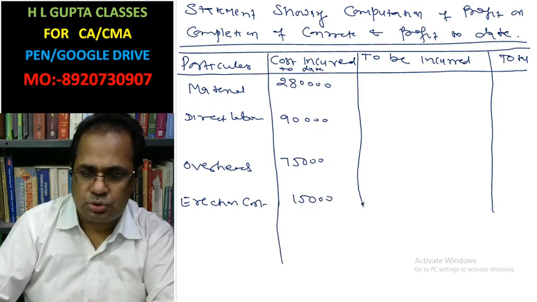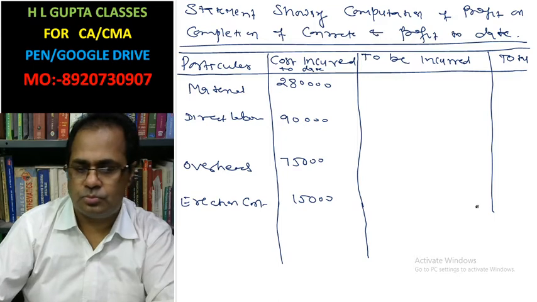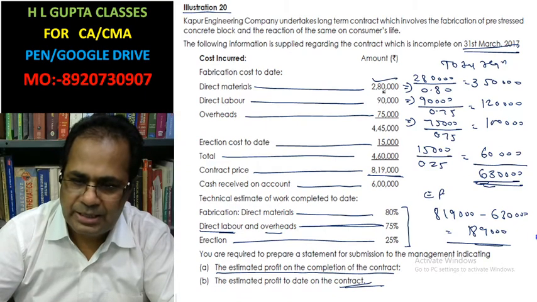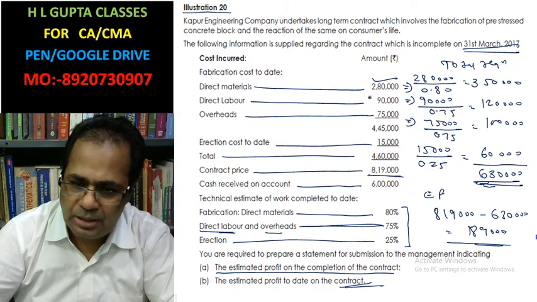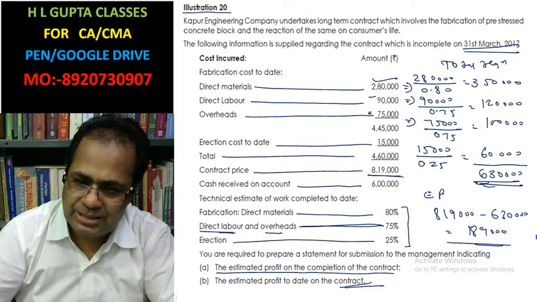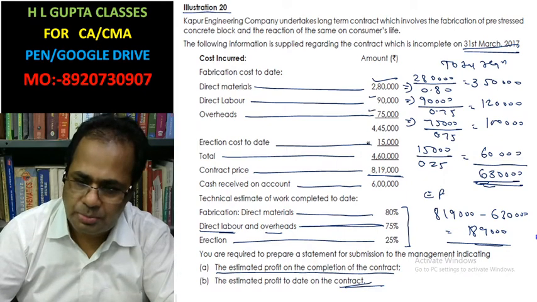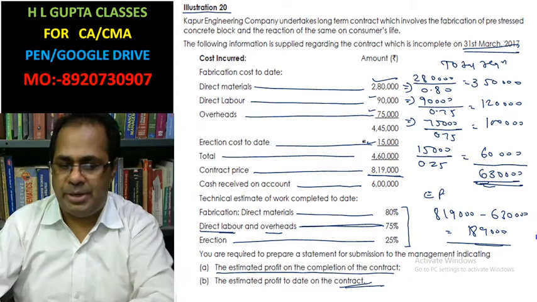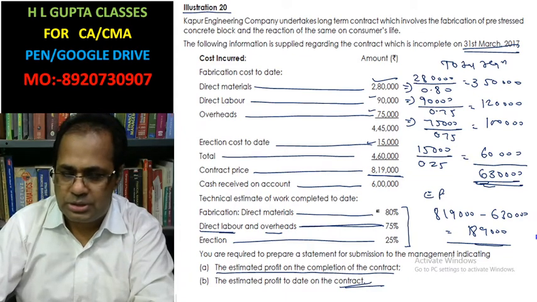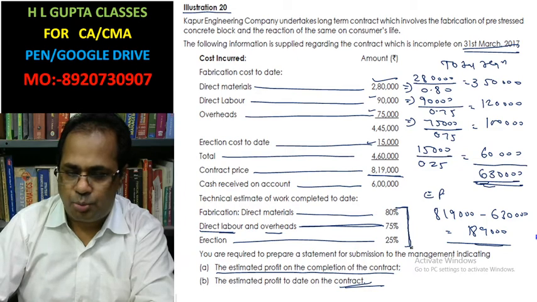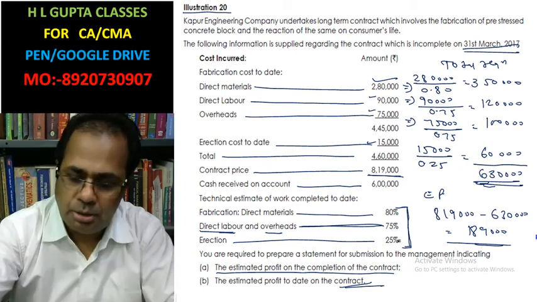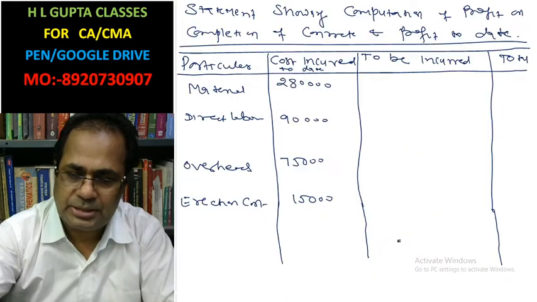This is the cost to date. These costs are already given here. These costs are given in proportion: this much proportion of cost is incurred, and for the remaining cost you have to incur and pay.